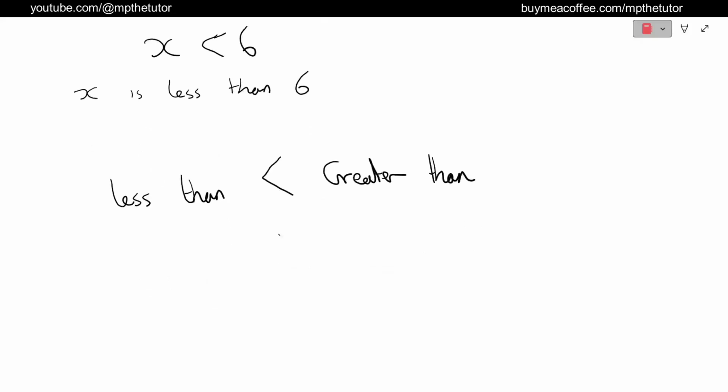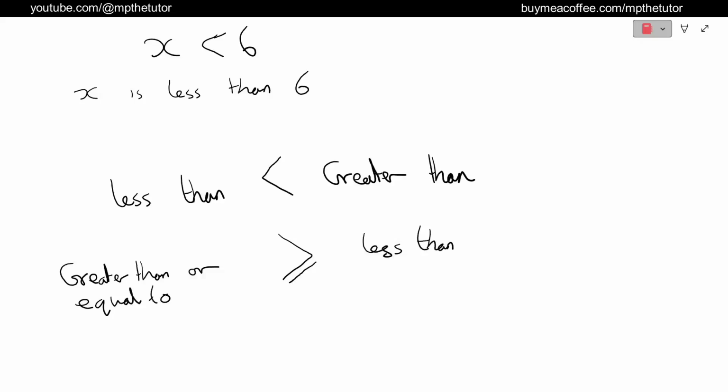And if I had it the other way around, and also a line, this is a greater than or equal to, and this is a less than or equal to.